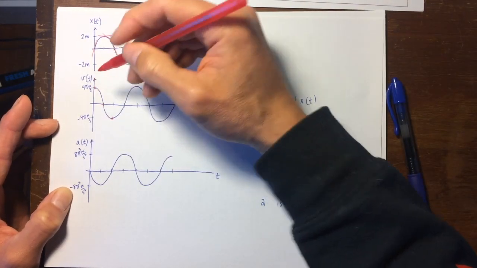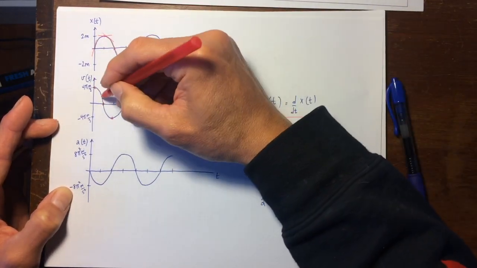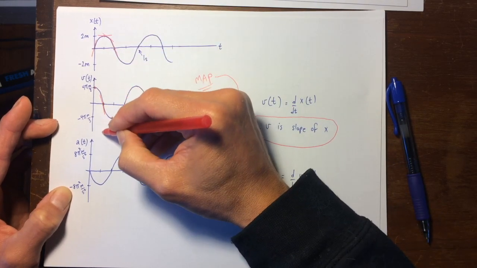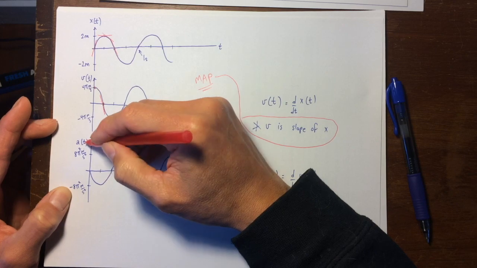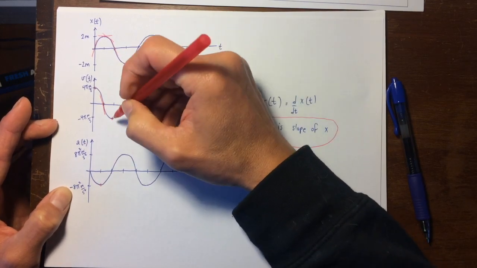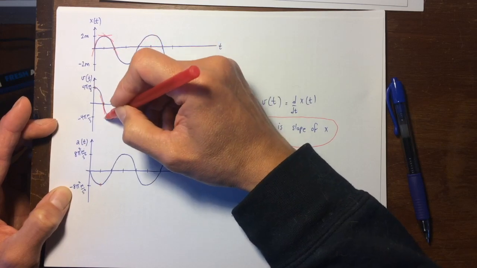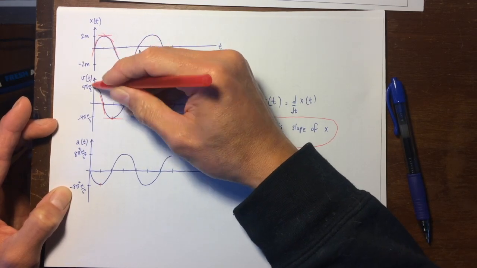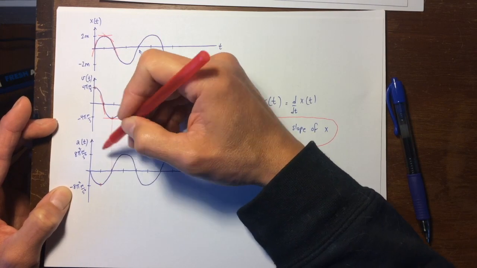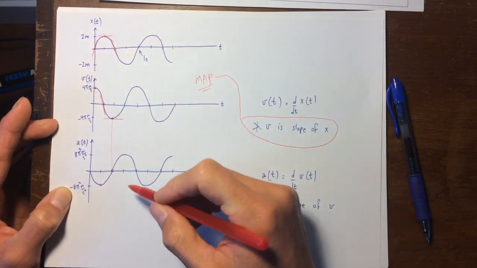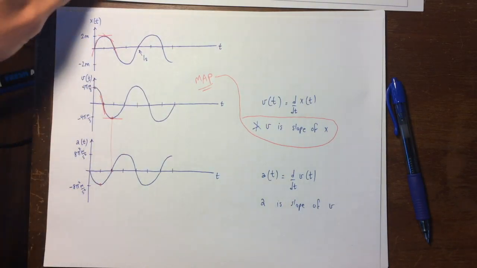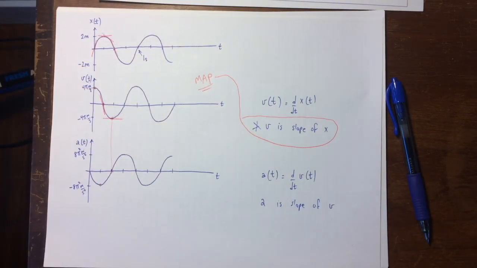Whenever the velocity has a maximum negative slope, that maximum negative slope coincides with a of t being at its maximum negative value. And when v of t has a slope of 0, that is, v of t is flat, that's when a of t has value 0. So the map is the same. That's important. Thanks for listening.